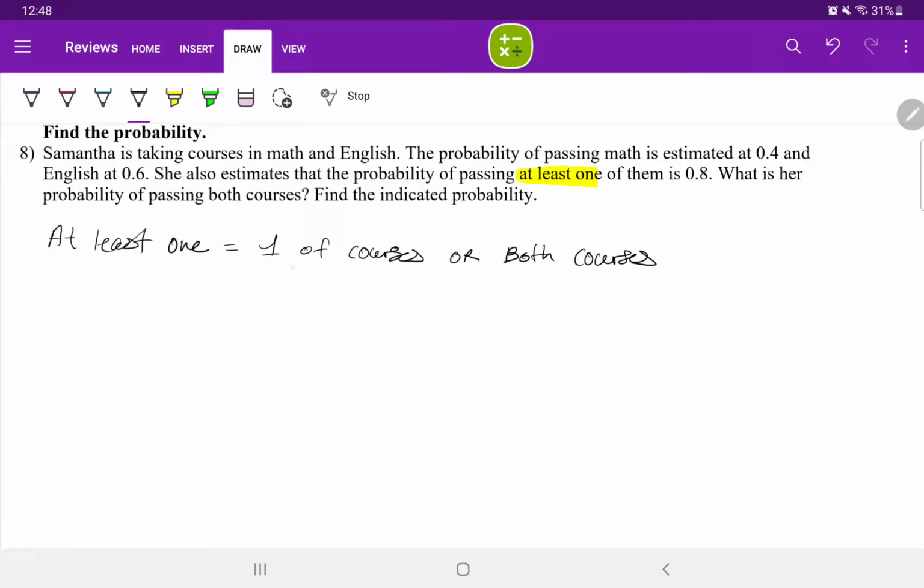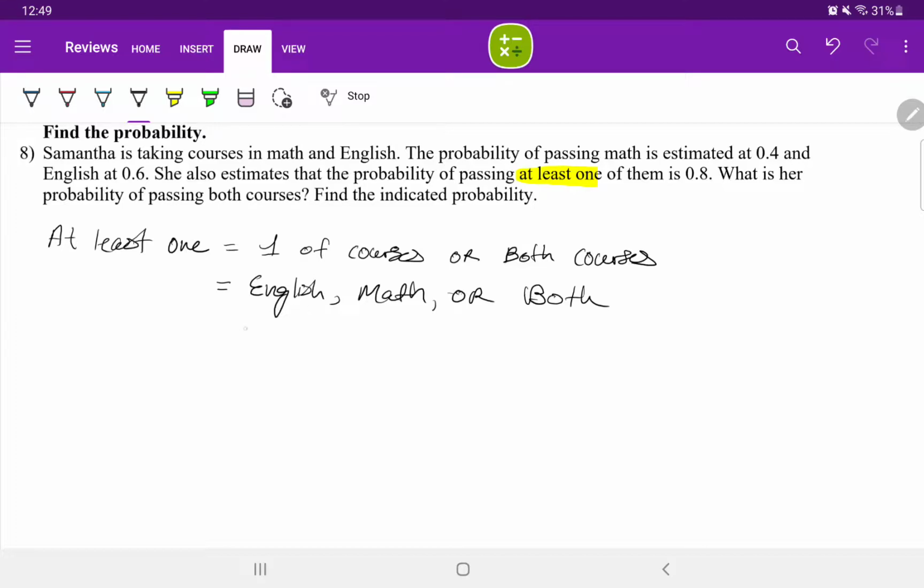So that means if I look at one of the courses, that is passing English, math, and I'm going to keep the word or, both.